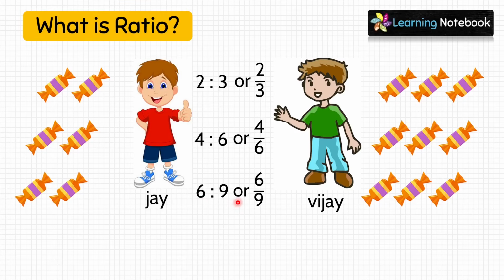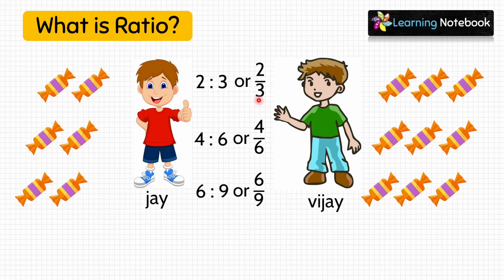Now students, look carefully at these two ratios, 4:6 and 6:9. Both these ratios, when simplified, they become 2/3. So on each day, the ratio of chocolates 2 by 3 remains the same.